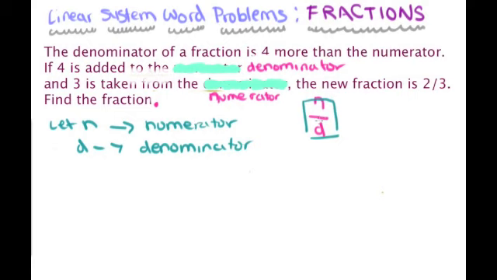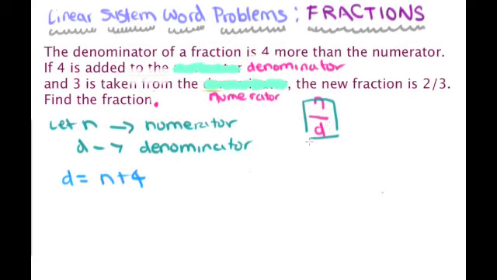Since the denominator is 4 more than the numerator, that means d is equal to n plus 4. Simple enough. The next sentence is a bit harder. If 4 is added to the denominator and 3 is taken from the numerator, the new fraction is 2/3. Since the fraction is n over d, we're going to keep this fraction because we want to see what new fraction is formed by adding and subtracting these values.